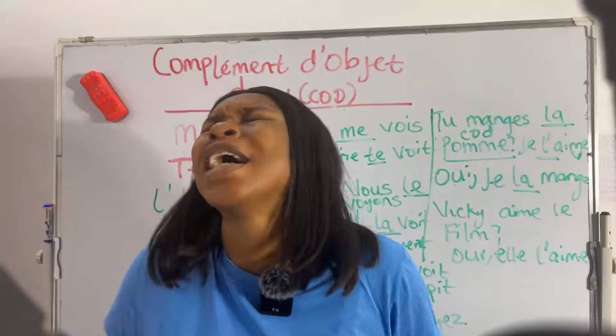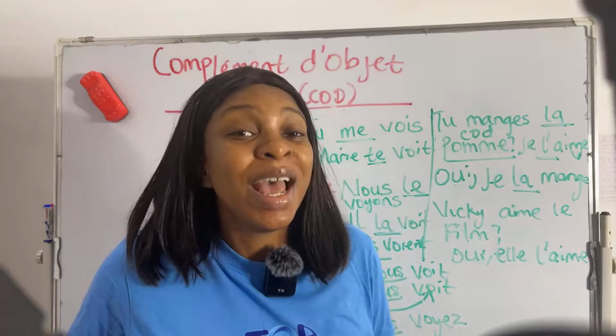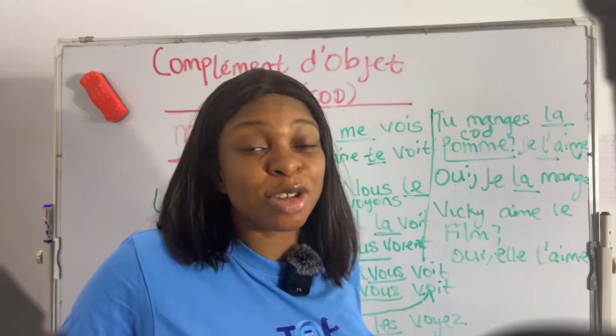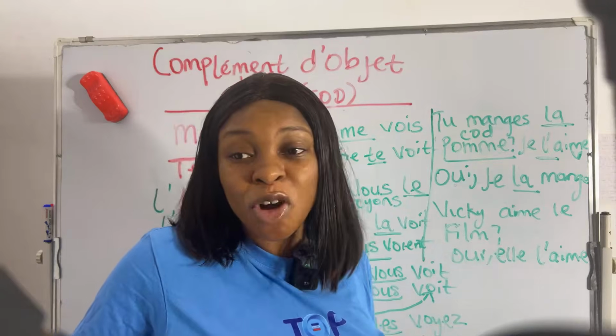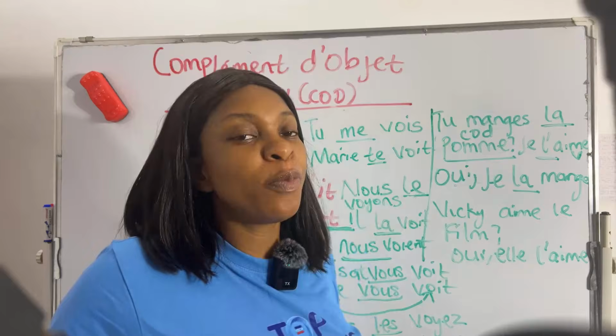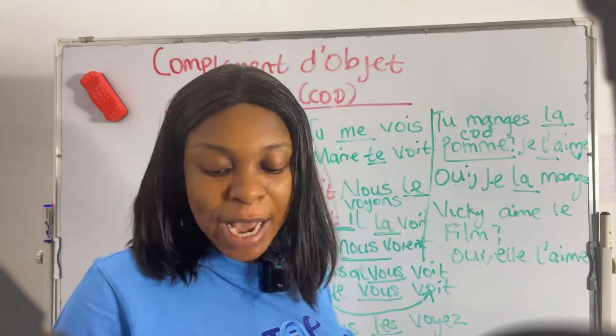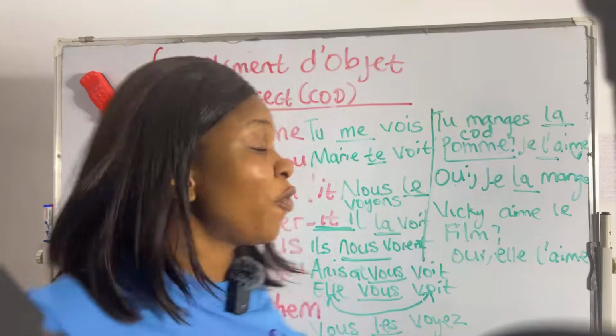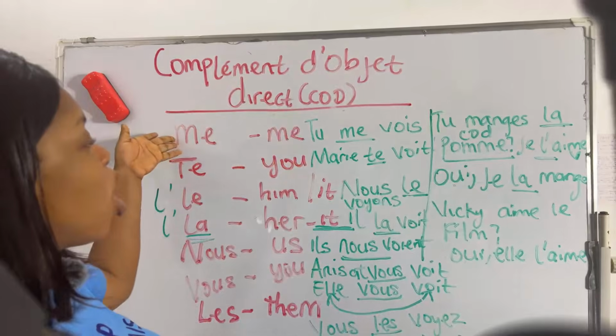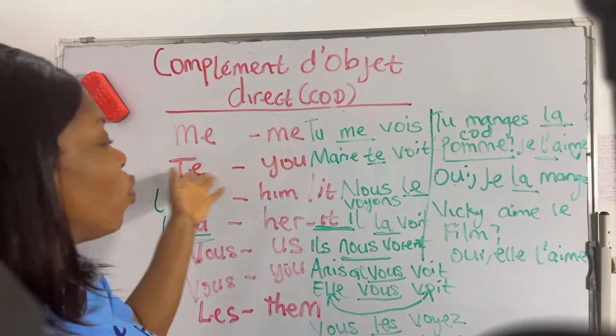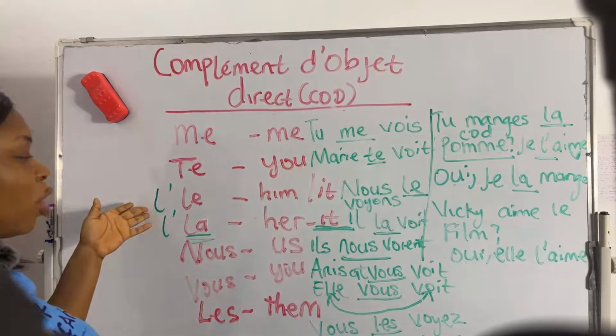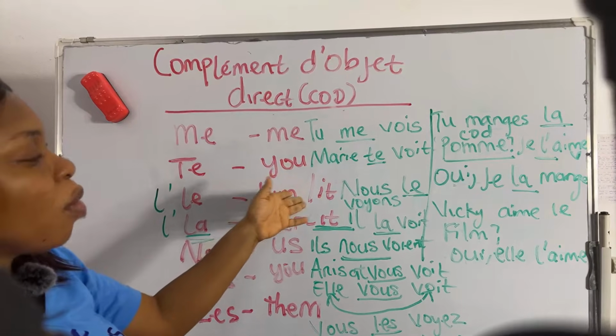I really hope that you understand COD. I know it's quite tricky and complicated, but I hope you understand the topic and that you learned very well in this class. So don't forget our COD. We have me, which is me. We have te, which is you. We have l' or le, which is him or it.